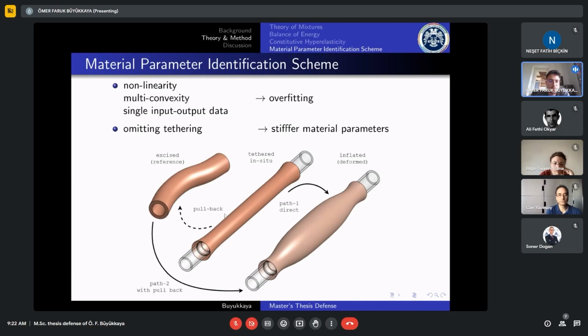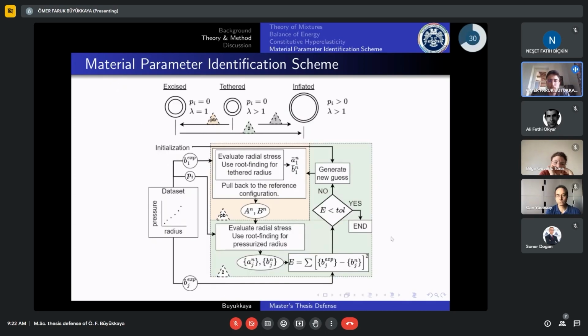However, we introduce a pullback algorithm that pulls back the artery from the tethered state to the excised state, and then continues with path 2, taking the artery from the excised state to the inflated states while optimizing the material parameters for the pressure-radius data. So the identification scheme is detailed here.